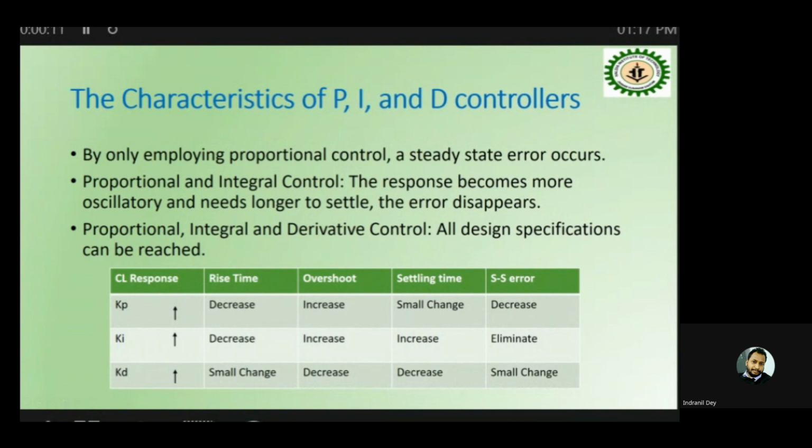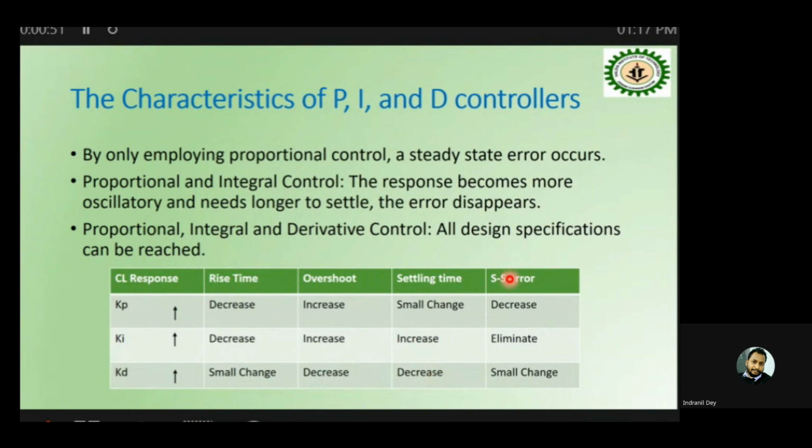If we change the Kp value, there is no significant effect on the settling time. But if we increase the Ki, it will definitely increase the settling time, because more oscillation is introduced, so it takes a lot of time to settle down. The only parameter which can minimize the settling time is the derivative control action. By increasing the value of Kd, you will decrease the settling time.